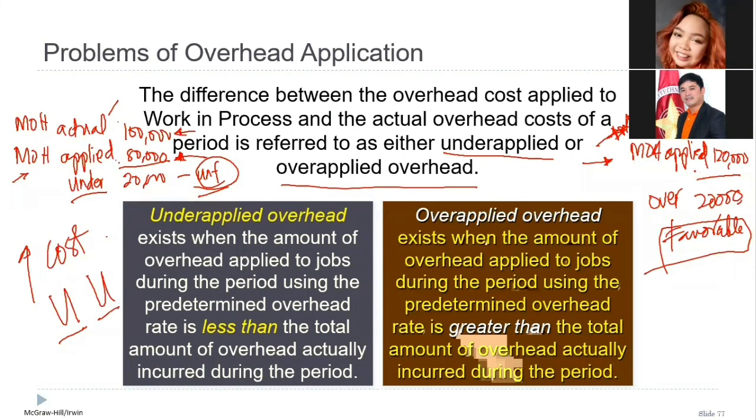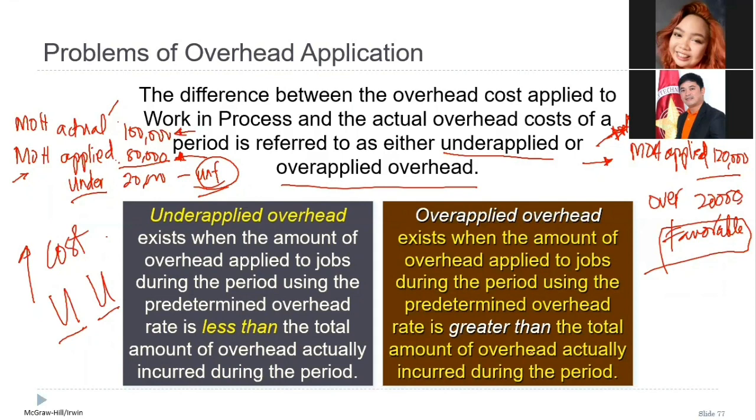Hindi naman nila alam siyempre nangyari sa MOH actual and applied. Pero of course, kapag tumataas lalo yung prices, yung demand o yung customers natin, most likely ang reaction would buy less sa iyo. Pero if your price is lower, ang reaction ng customers, they will buy more from you.